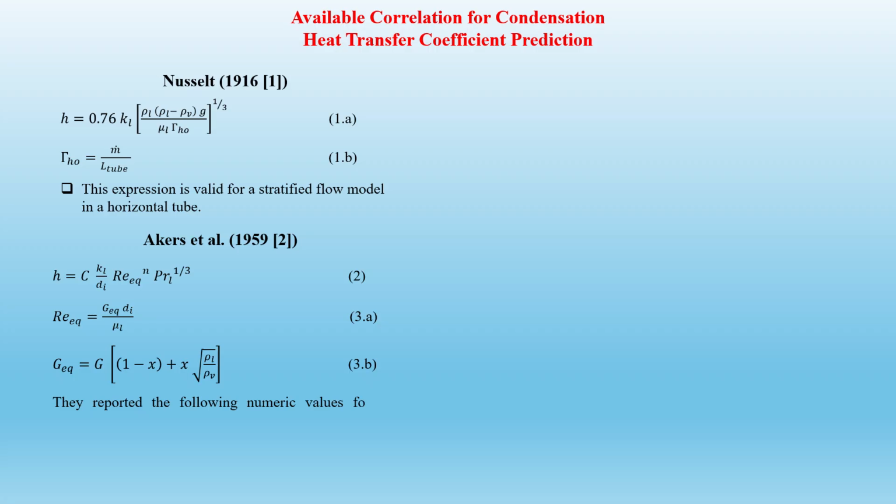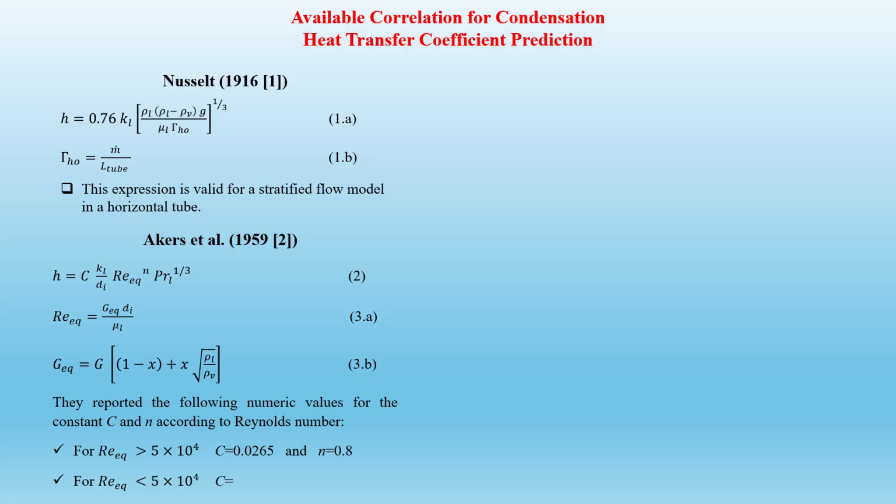The numeric values of C and n depend on the Reynolds equivalent, and for Reynolds equivalent greater than 5 times 10 to the power 4, they give C equal to 0.0265 and n equal to 0.8. And for Reynolds number equivalent less than 5 times 10 to the power 4, they also provided two values for these parameters.